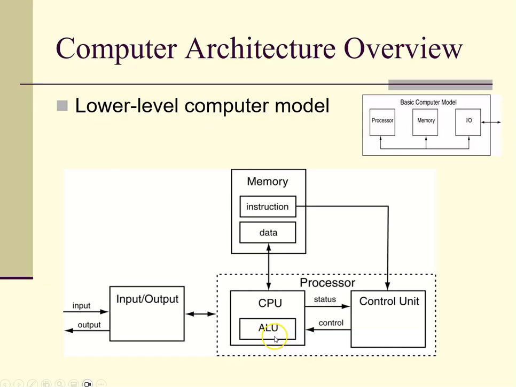CPU is generally the brains, and the ALU, arithmetic logic unit, is the number crunching unit. The memory up here is, generally speaking, instruction memory, which is the program you wrote. And then you have data memory, which is just intermediate data that's going to help you generate solutions for the problem you're working on.